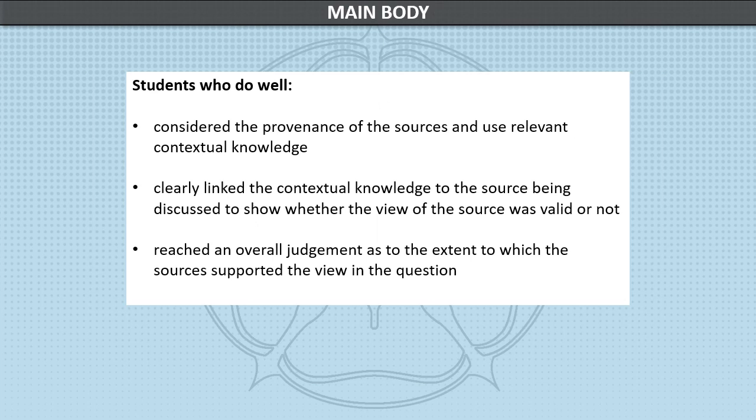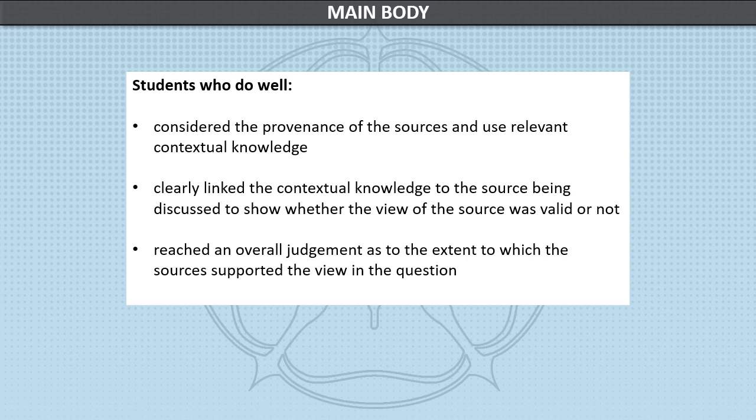So before we get underway, let's have a look at some guidance from the exam board on how to do well in this paper. So the exam board's given us guidance that students who do well consider the provenance of sources, so that's the sources' place in history, and use relevant contextual knowledge to analyse them.